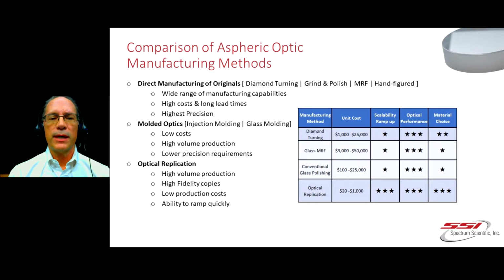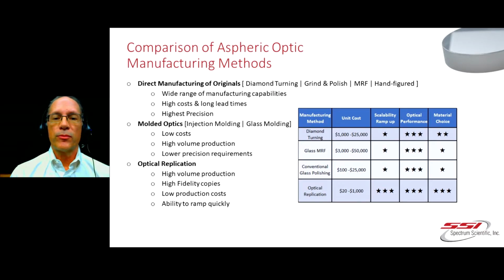Typically, with diamond turning, you might be able to gang up several parts in one run, but it's probably hours on the machine for that run. And the most direct way to scale up is more man hours on that machine, or a capital cost investment of buying more diamond turning machines, or the glass MRF machines.